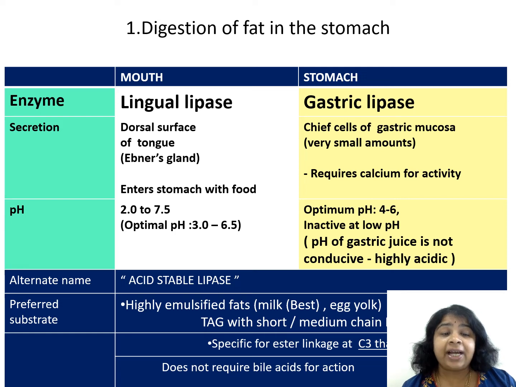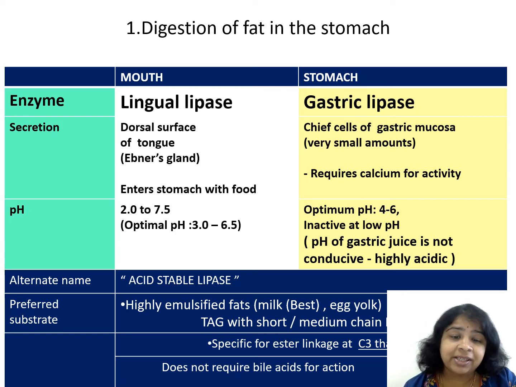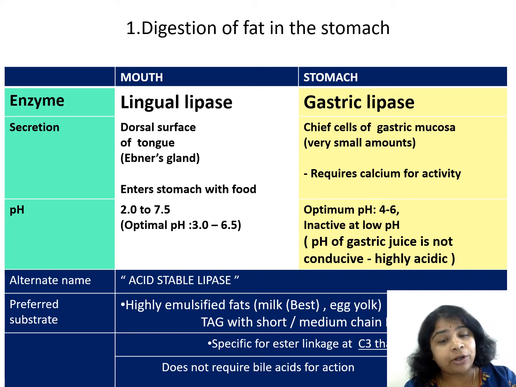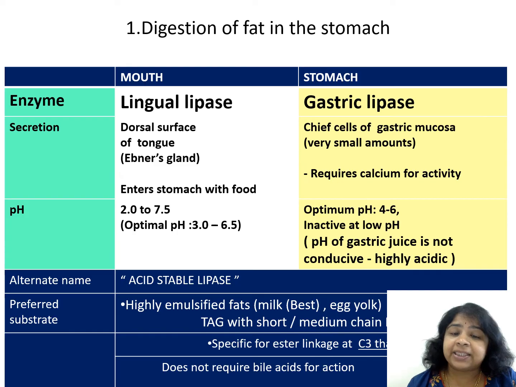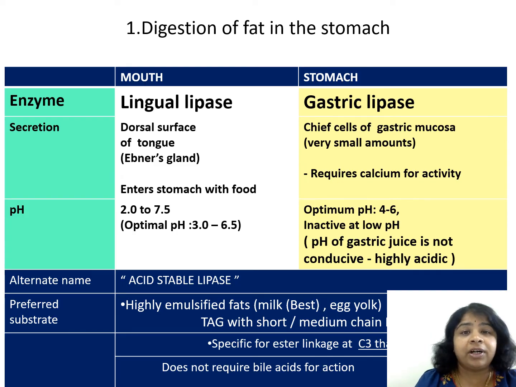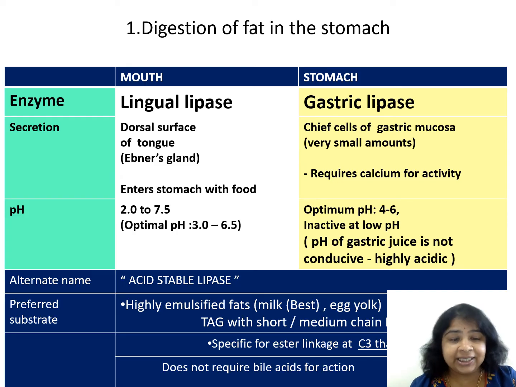They only act on triacylglycerols which are esterified with short or medium chain fatty acids. And these lipases are more specific for C3 linkage than C1. Another difference from pancreatic lipase is that these lipases do not require bile acids for their actions.